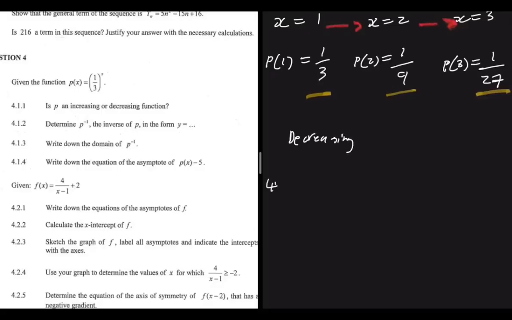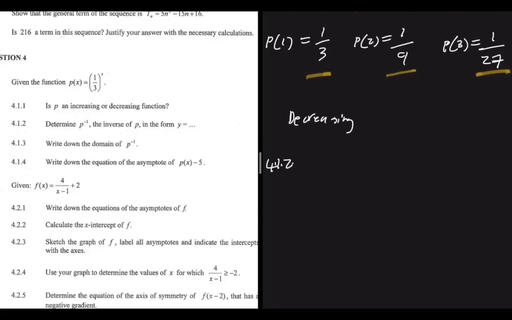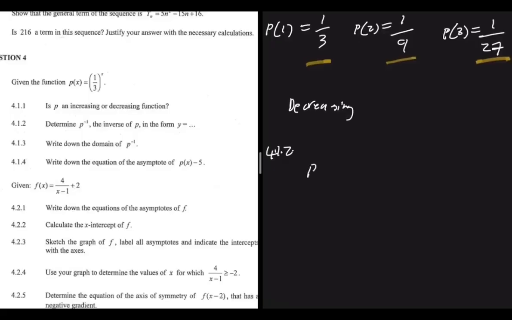And then 4.1.2, determine p inverse, the inverse of p, in the form y is equal to. So we have p of x being equal to 1 divided by 3 to the power of x. Instead of p of x, let's just put y in there. So we have y being equal to 1 divided by 3 to the power x.